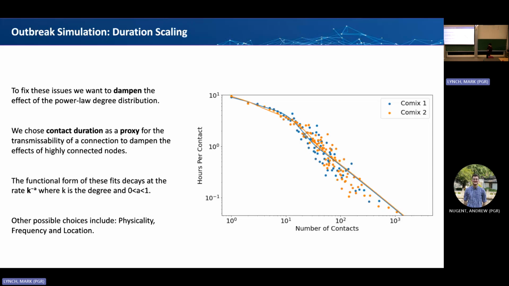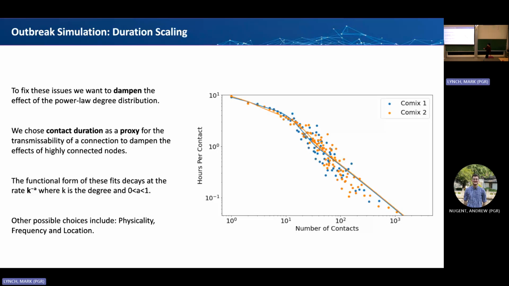So there's information on the duration of each contact, there's information on the physicality of each contact and how often people see each other in this data as well. So if we try and use that along with our degree distributions, we can kind of dampen this effect of the super spreaders that are causing all of the outbreak in the power law model.